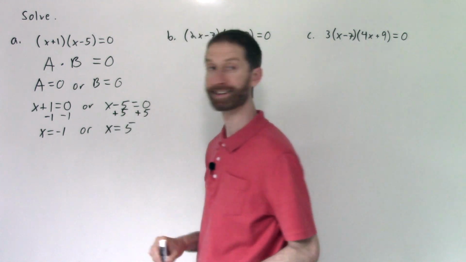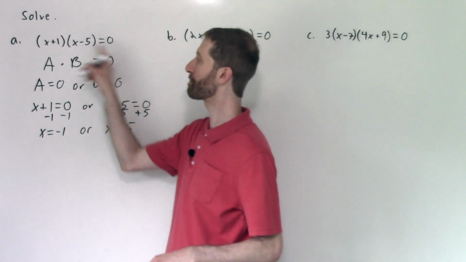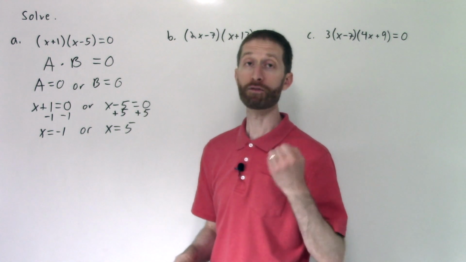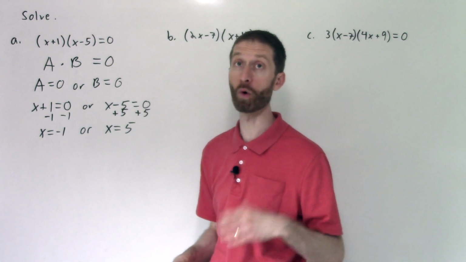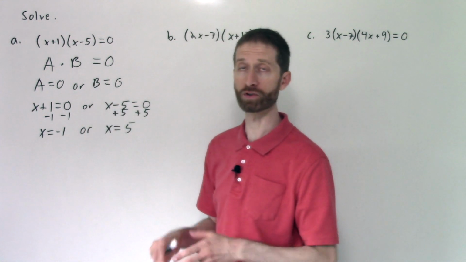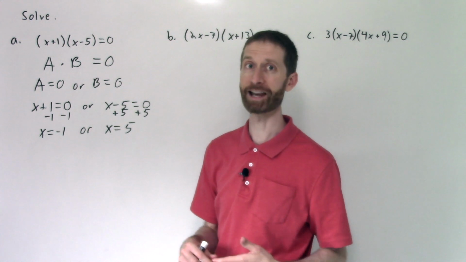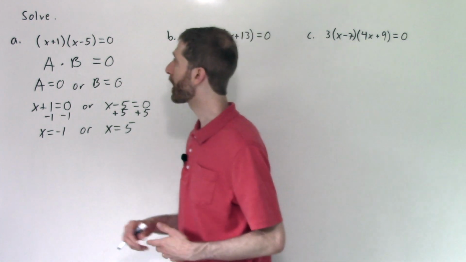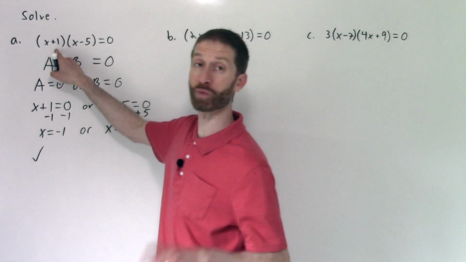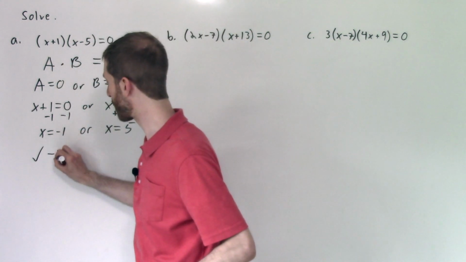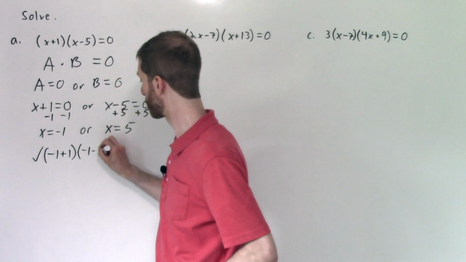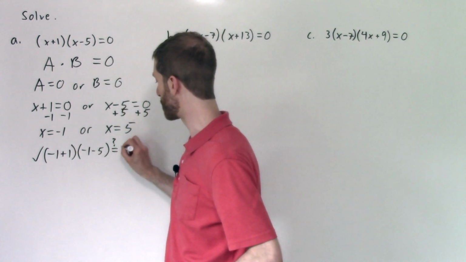That's it. It's that quick, but it goes off this very important logical idea. That's known as the zero product property. If you have a product of two numbers or more, and it equals 0, then one or all of the numbers, or somewhere in between, something's got to equal 0 in that product. Now, to check your answer, just like other equations, we're going to plug these values in, but watch what happens when we do that. If I plug negative 1 in for x into each expression, the question is, do we equal 0?